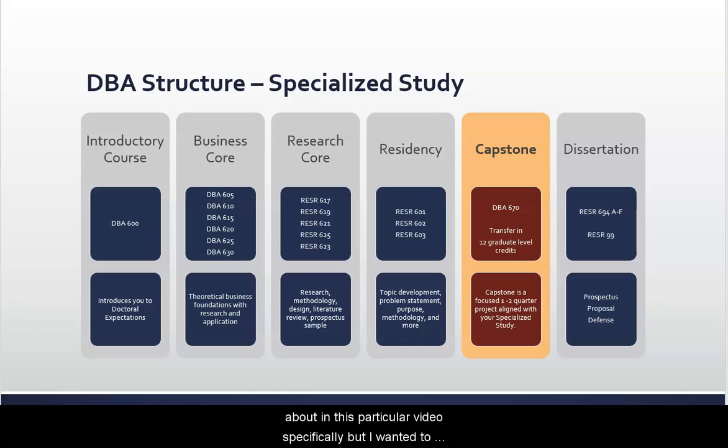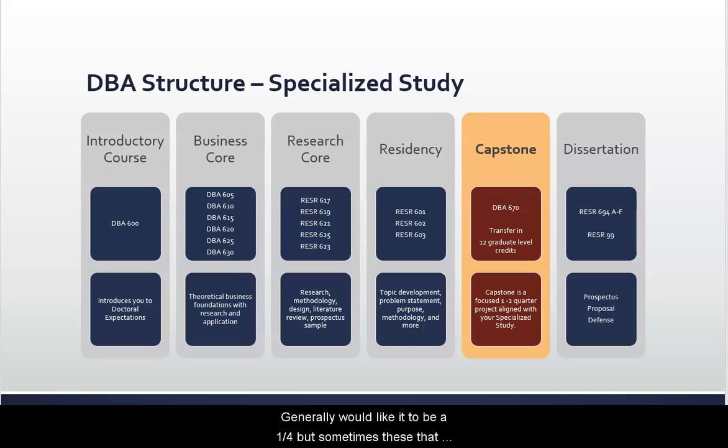The capstone is what I want to talk about in this particular video specifically, but I wanted to build you up on the structure. This is where you're going to have your specialized study guide you towards what you're going to be working on in your capstone. And so what the capstone is, it's a focused 1 to 2 quarter project.